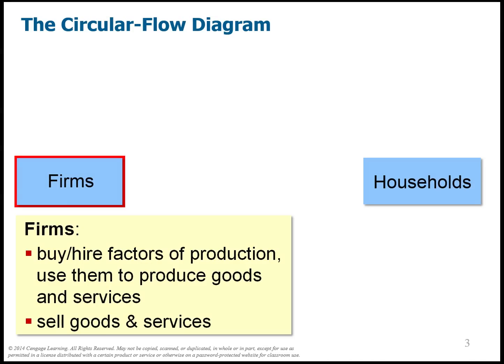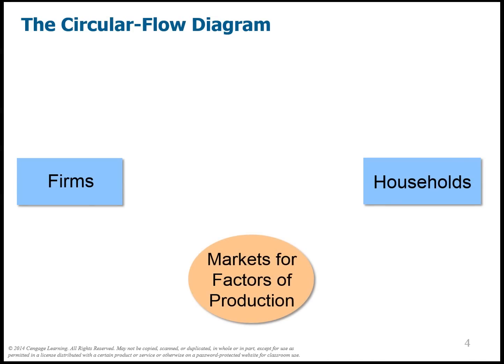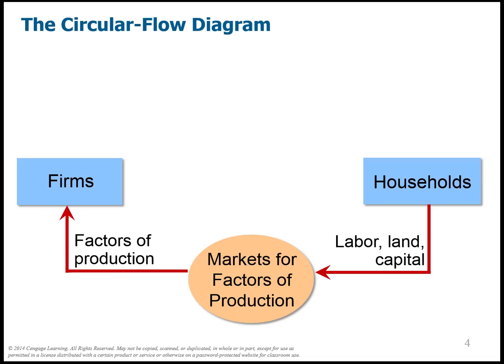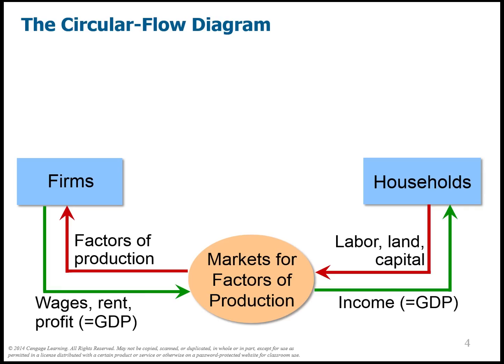Okay, so let's look at our first marketplace. The first marketplace is the markets for the factors of production. These things like labor, land, and capital are required to produce goods. Households send them to the firms, and the firms use them in production. Firms have to pay for these. They pay for them using wages or rent or profit. Wages is the, quote, rental rate for labor.